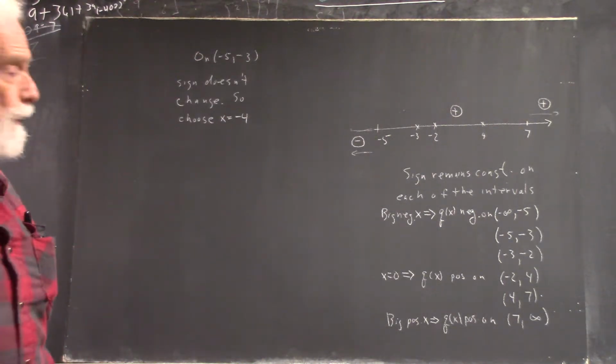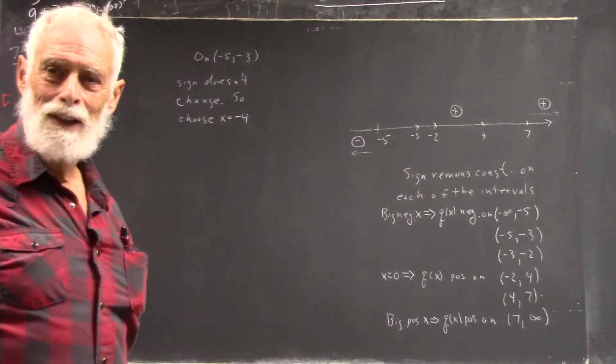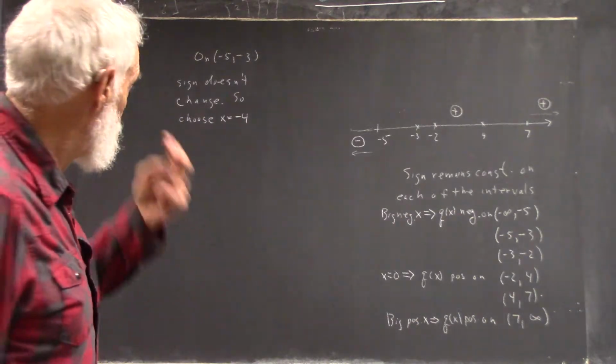You know, if you wanted to choose -3.4786 and figure it out, you could, but you don't want to do that.